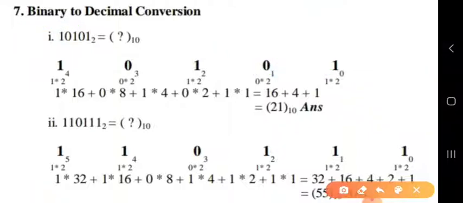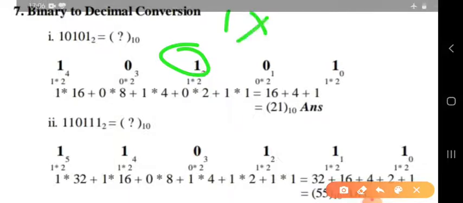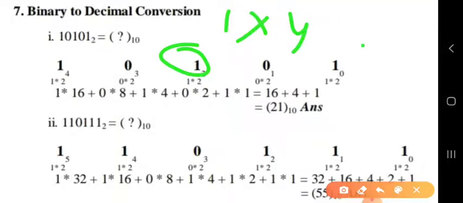Then the next one is multiplied with 4, because it is 2 to the power 2. It is present at the second location, that's why 2 to the power 2.